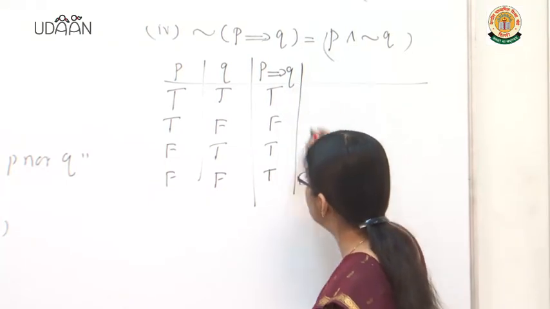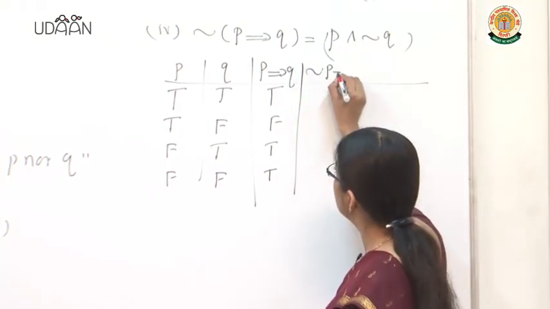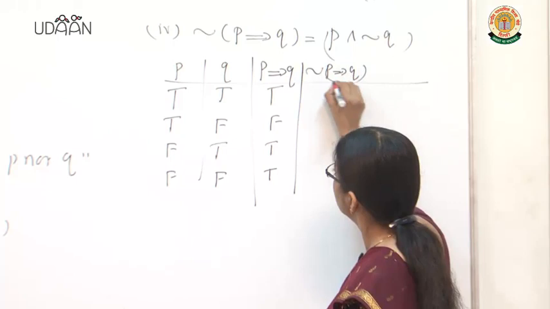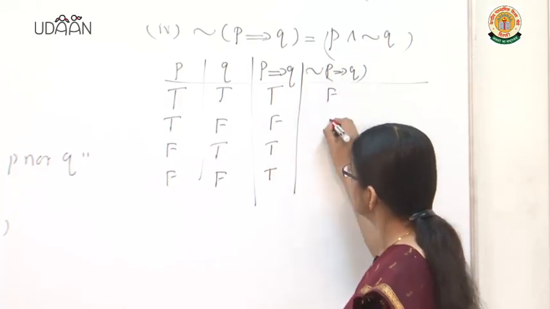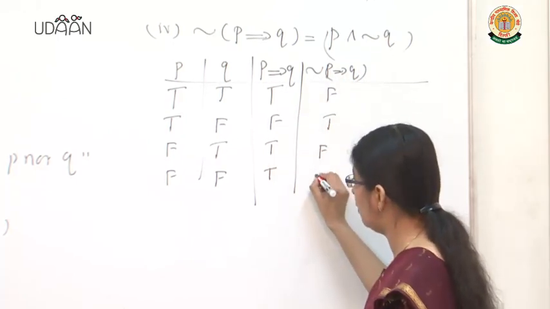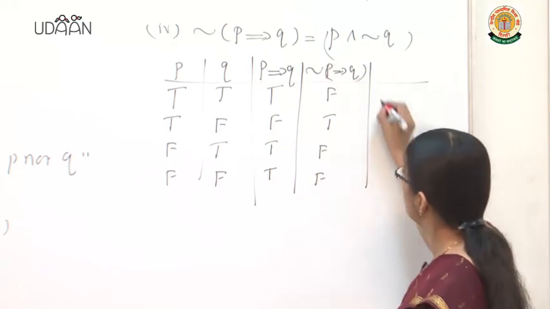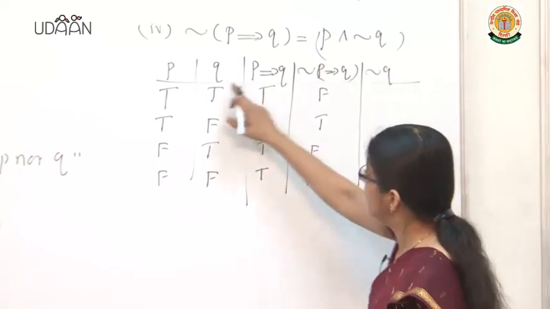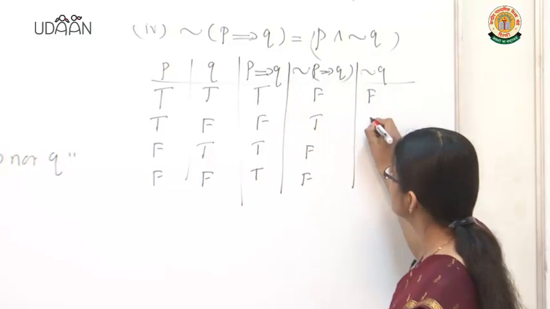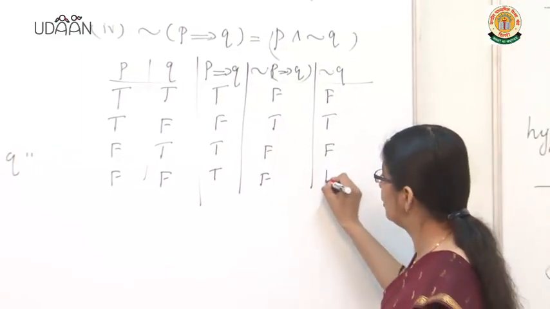Then we have to calculate negation of P implies Q, which is false, true, false and false. Now we need to find negation of Q. Negation of Q is false, true, false and true.